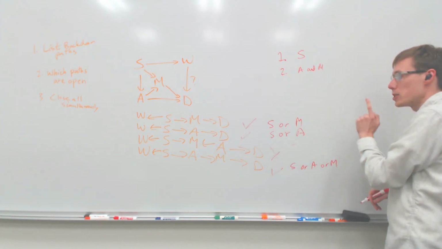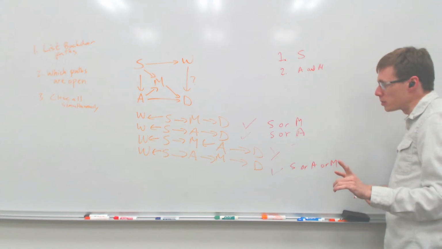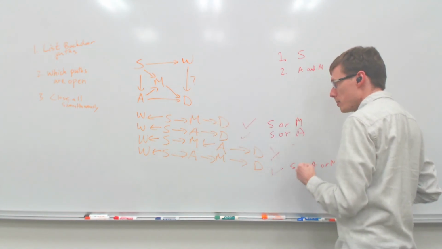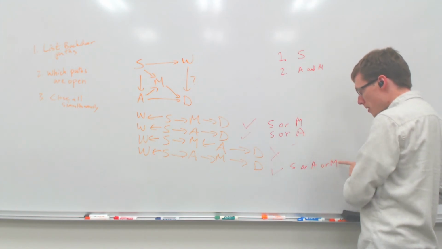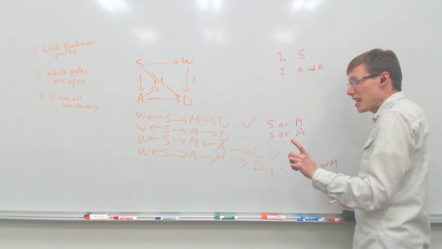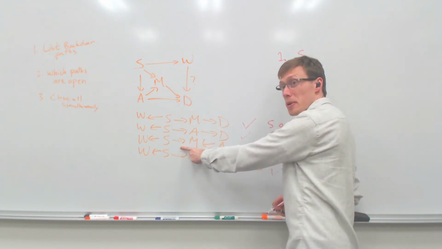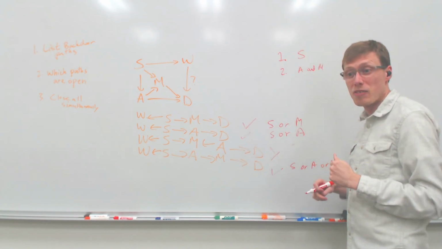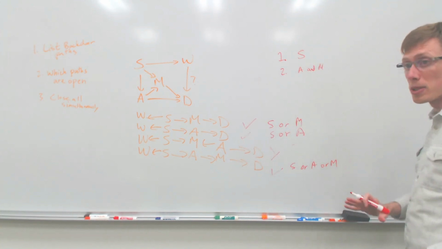If I just closed M, what would happen? Now, this one's a little bit trickier. This one would close off, which is good because it closes that pipe. This one would stay open. This one would close because it closes this pipe. But by conditioning on M, this one actually opens up, right? Suddenly, this one will be an open path, and now we'd be having a collider bias. So just doing M doesn't work.